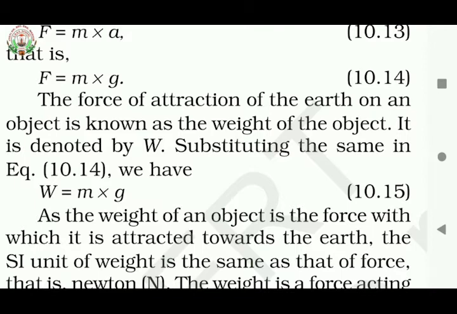Weight is measured in the same units as force. What is the SI unit of force? Yes, it is Newton. So the SI unit of weight is also Newton, which is denoted by the letter capital N.